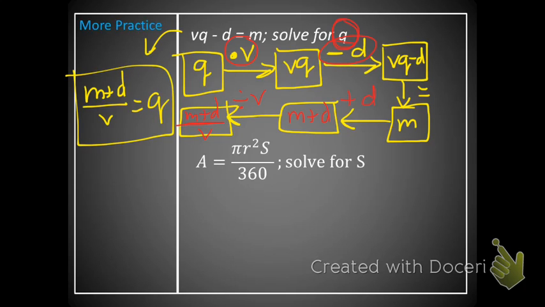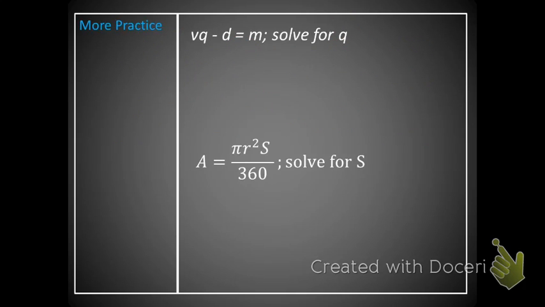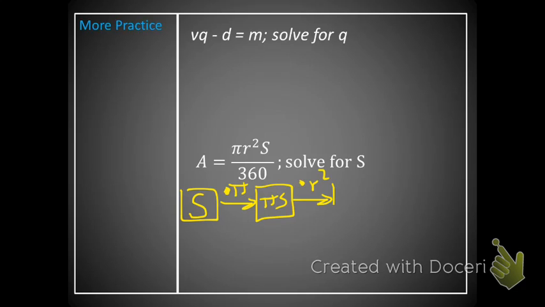Now let's look at a crazy one. Solve for S. Start with my S. The first thing that's happening to it is I'm multiplying it times pi. That gives me pi S. Then I'm multiplying it again times r squared.